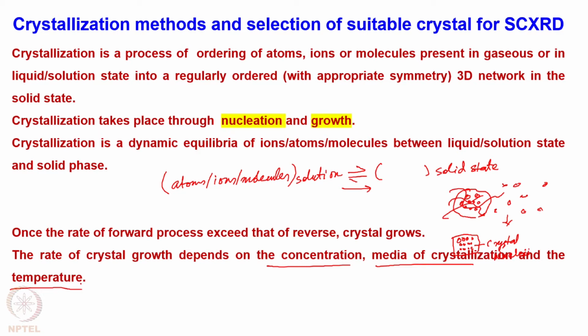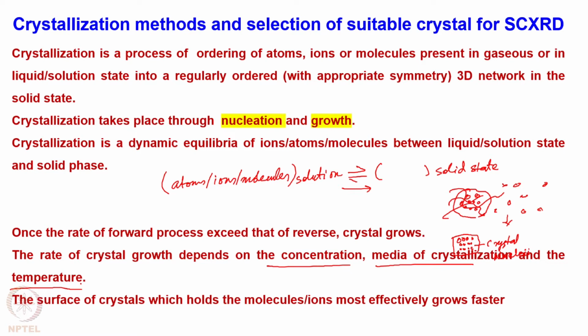Here we mean by media the solvents or solvent systems, which can form different types of intermolecular interactions with our target molecules or atoms or ions and control the crystallization process. Temperature has a very important role in crystallization. Some compounds crystallize at higher temperature, some compounds give you very nice good crystals at a much lower temperature like -15, -20 degrees centigrade or even lower. So we will discuss some of these crystallization methods in the following slides.